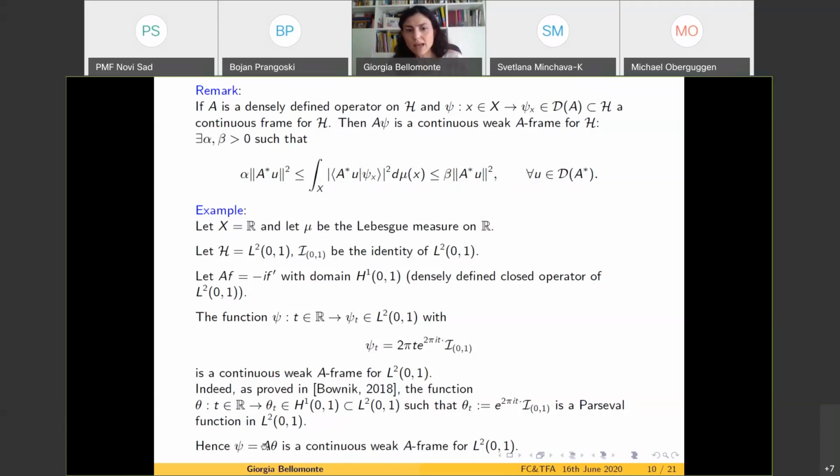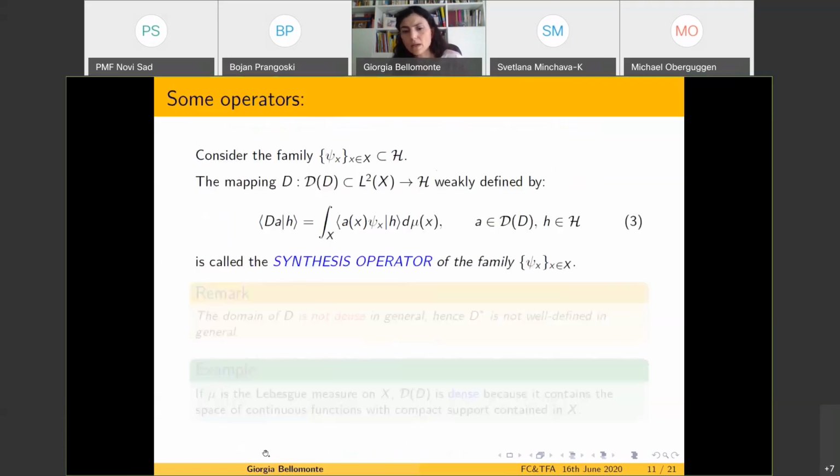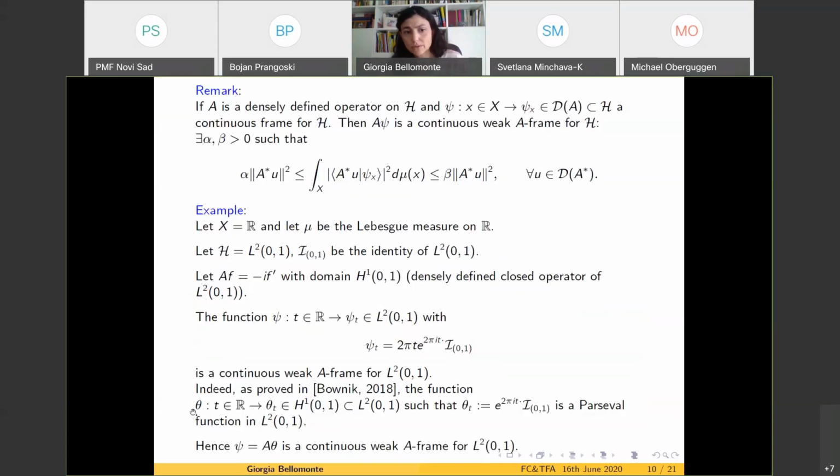In fact, it is the image through A of this function that is a Parseval function.